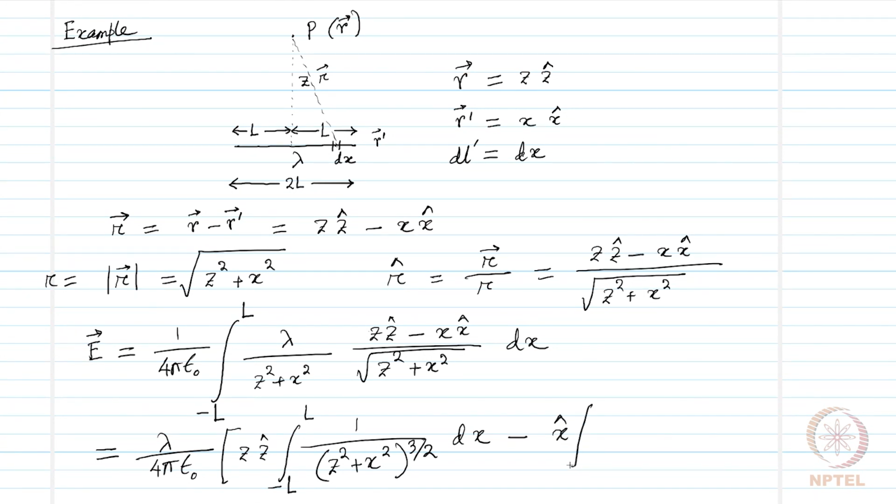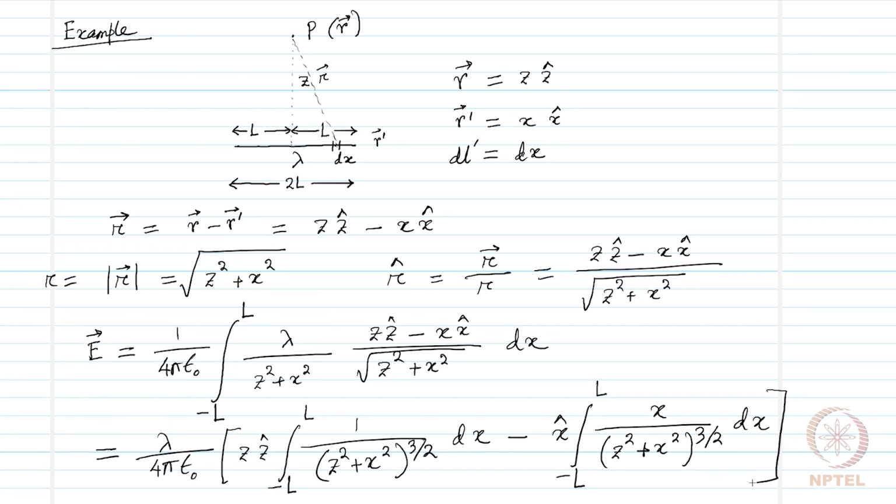We cannot take x out because x is a variable of integration. We will have to keep it within the integral minus L to L x over z square plus x square power 3 by 2 dx.